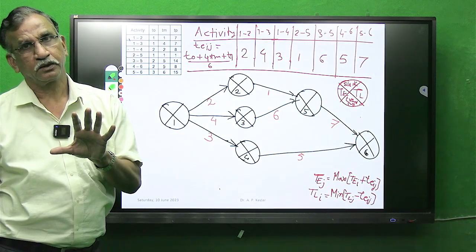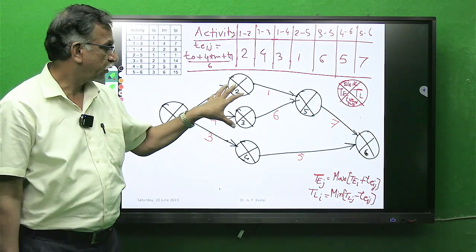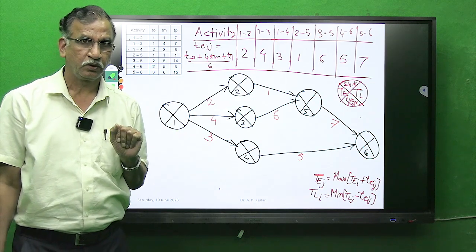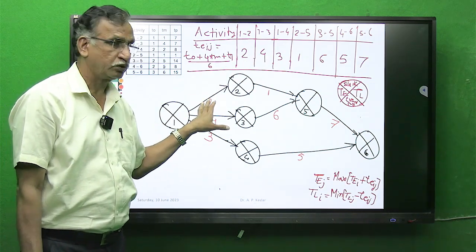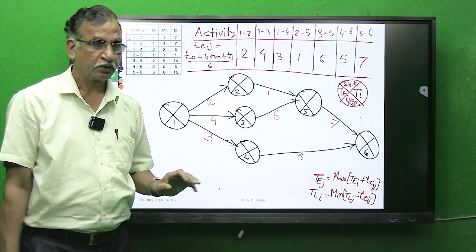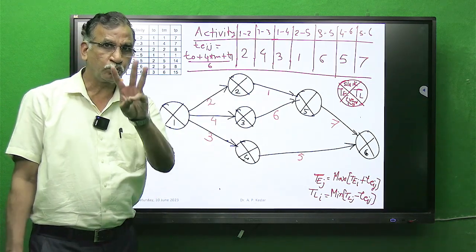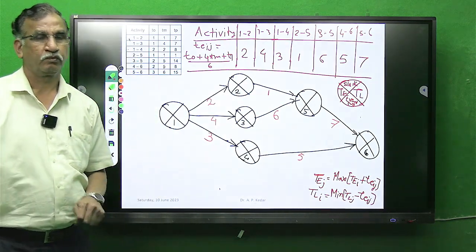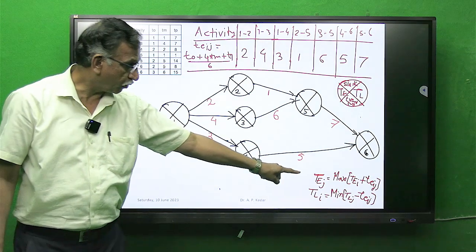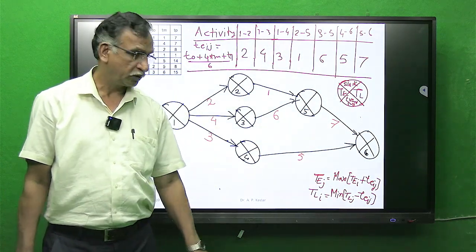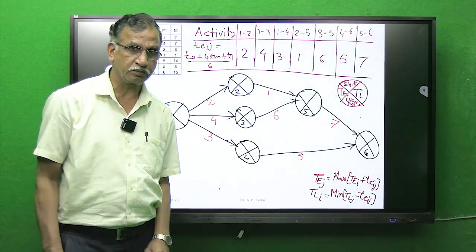Then once you calculate that, draw the network, put the values over the activities, put the symbol, and now we'll do two calculations. One is forward pass, this concept, backward pass, this concept.